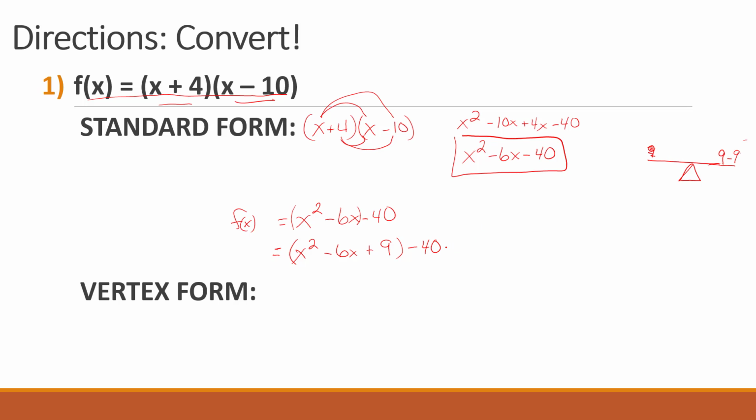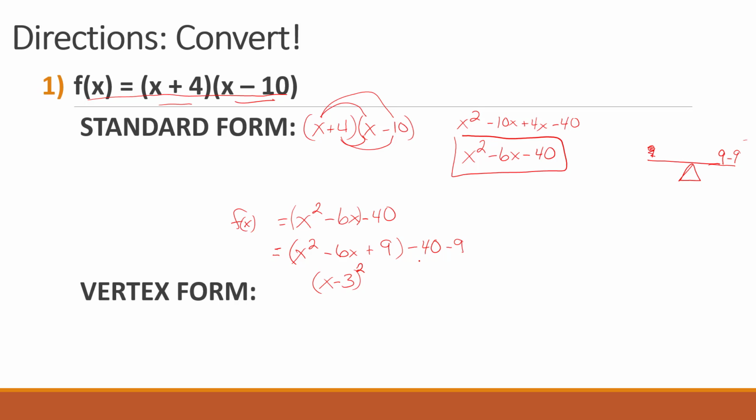But notice where I'm going to subtract 9 from. I'm going to subtract the 9 outside the parentheses. Well, why? Because I have a perfect trinomial that I want to turn into a binomial squared. And since it's a perfect trinomial, we know the binomial squared would be x minus 3 squared.